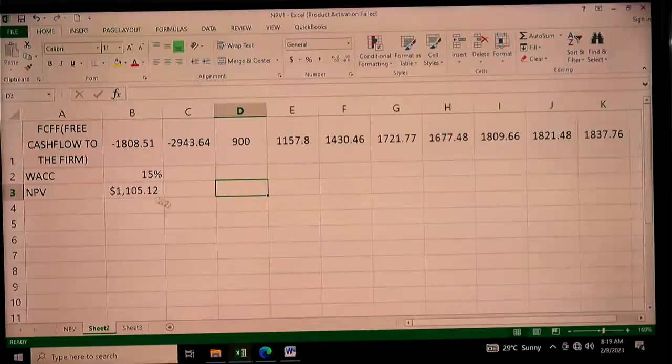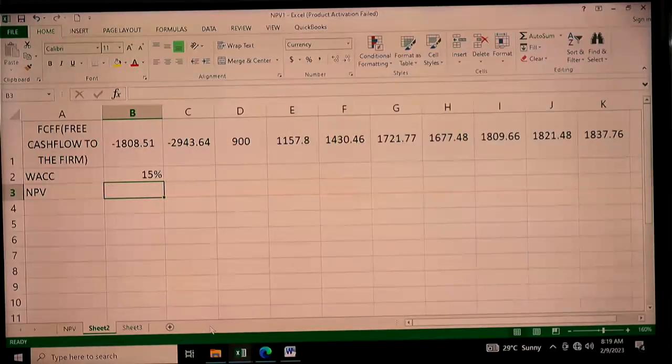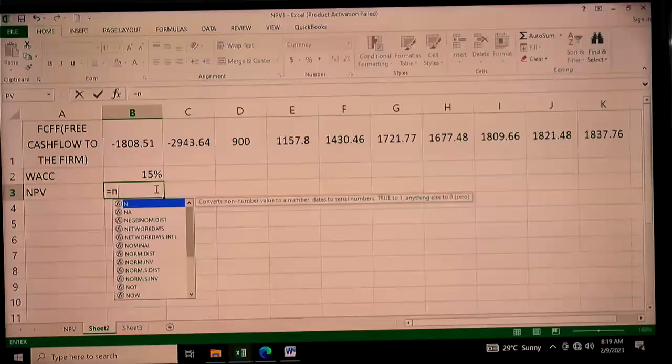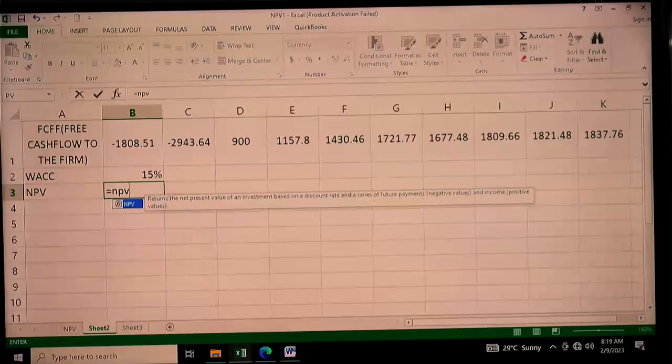So in this case, now you can compute the net present value using the net present value formula. Because we said that this function NPV will return the present value of an investment based on a discount rate and a series of future payments and incomes, as we have given here.